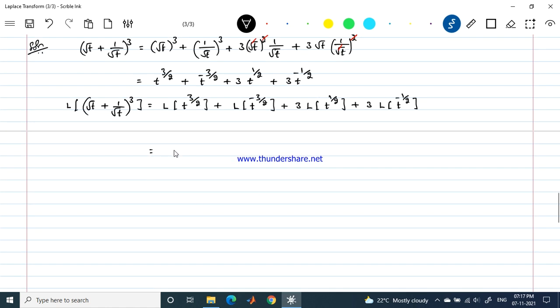This is equal to, Laplace of t power n should be used in each of these, which is given by gamma of n plus 1 divided by s power n plus 1.